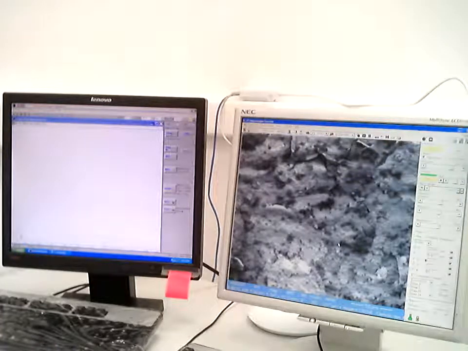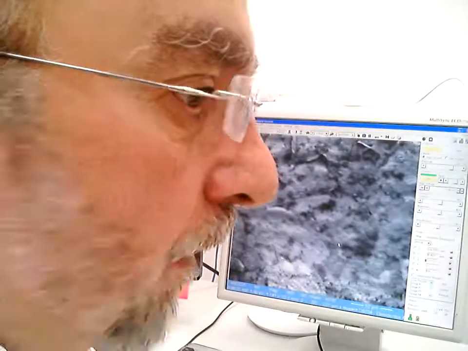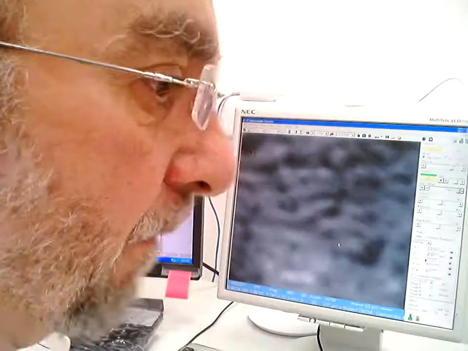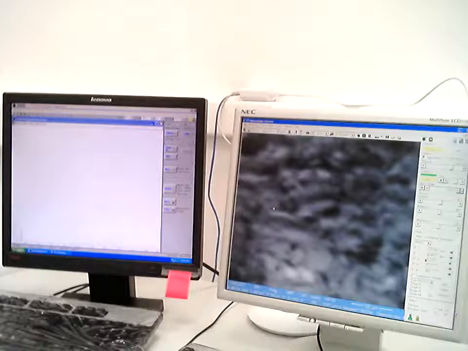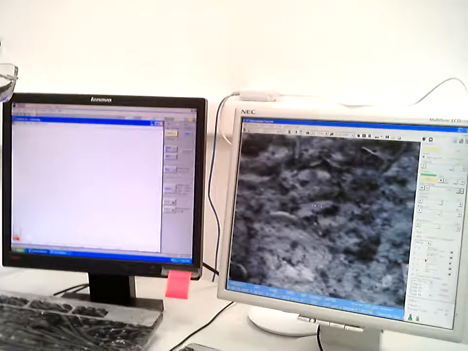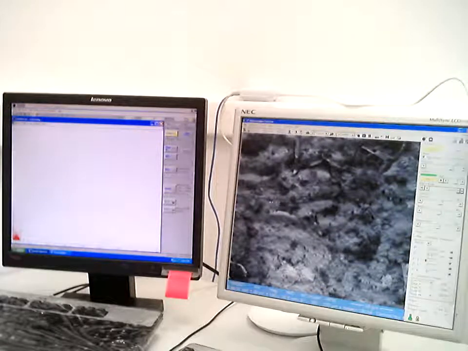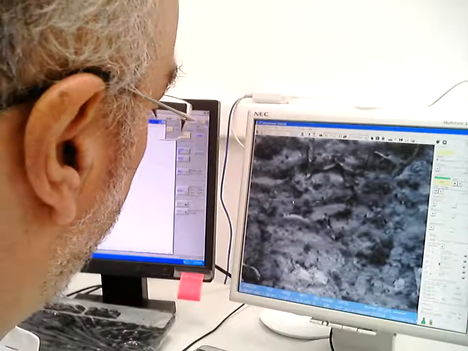Let's see now. Let me adjust it a little bit. And let's put the analysis, because what we can do is check the X-rays that come from the surface of the material. Let's see if we can improve it.